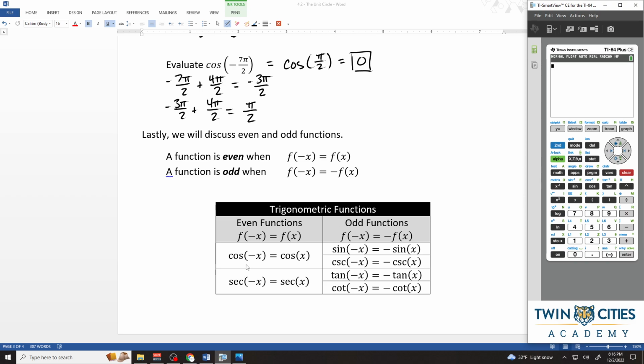Let's plug in the cosine of, well, make something up, 3 pi over 7. So the cosine of 3 pi over 7 is roughly 0.2225. Okay, well, what if I plugged in not cosine of 3 pi over 7, but let's do negative 3 pi over 7.